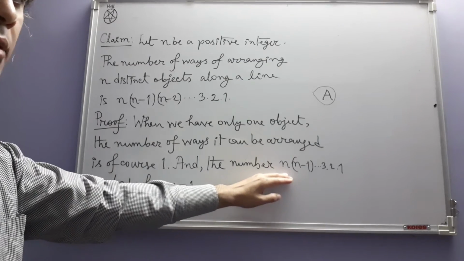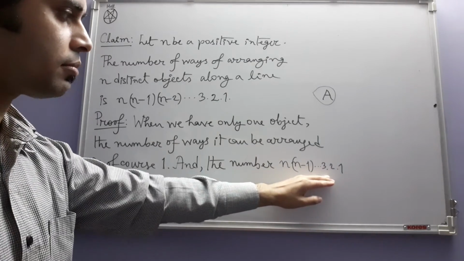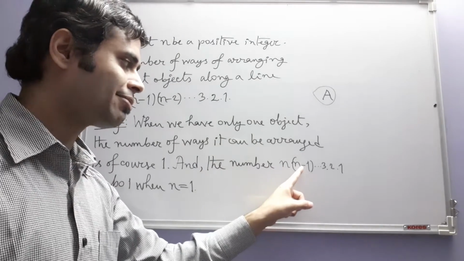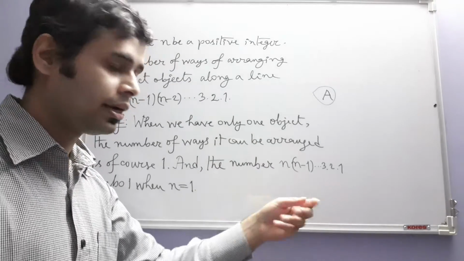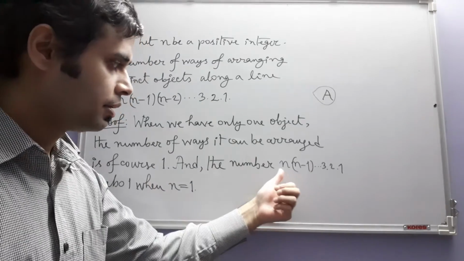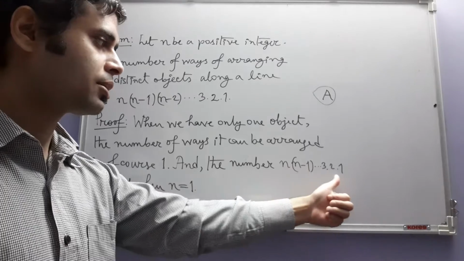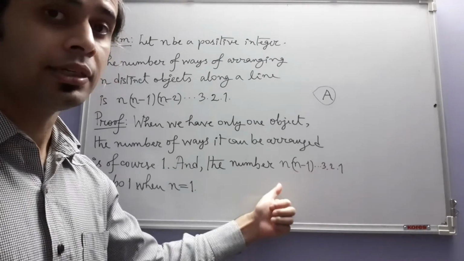See, in this type of product, you may think that since we have n minus 1, n has to be larger than 1. Just by looking at this product, we feel that n should be quite a bit larger, in fact 3 also.